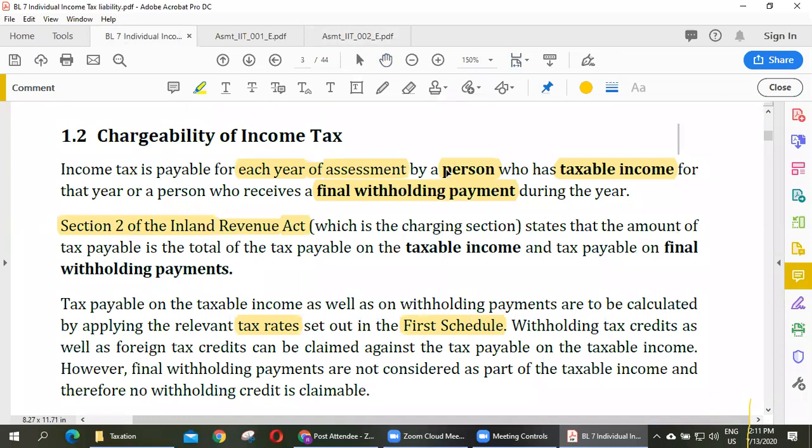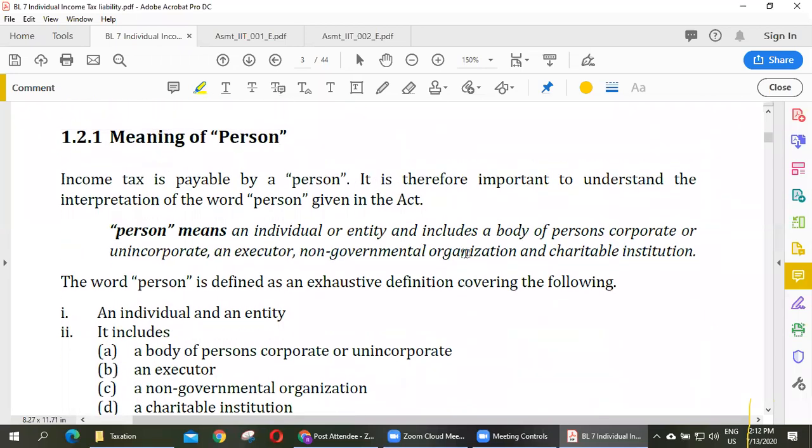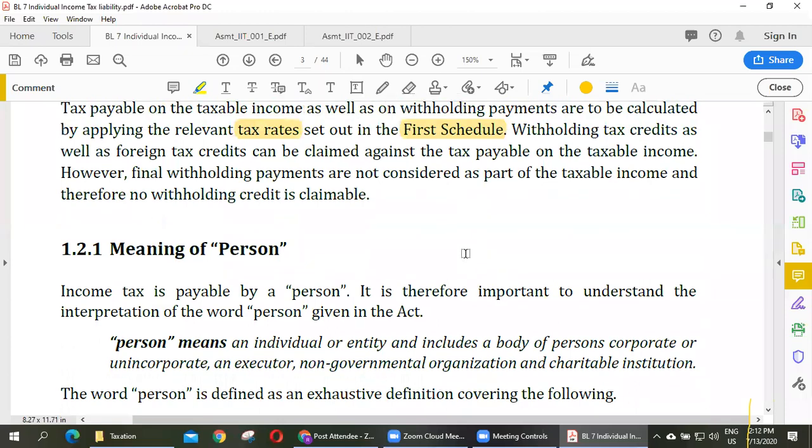As I told you earlier, income tax is payable for each year of assessment by a person. We will discuss the exact meaning of person. In normal terms, a person means what? A people, isn't it? We say person, people, isn't it?